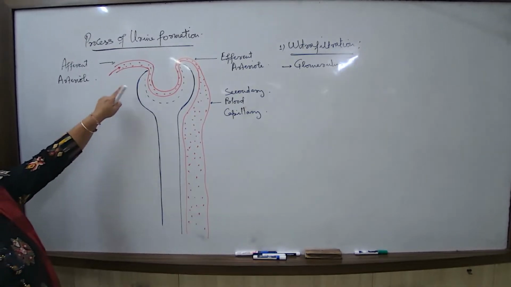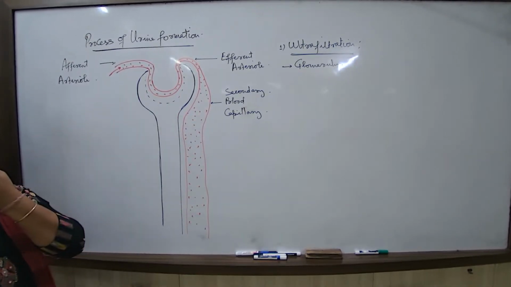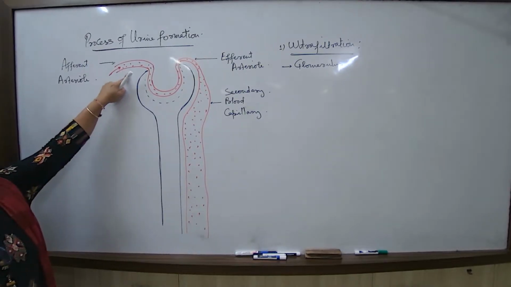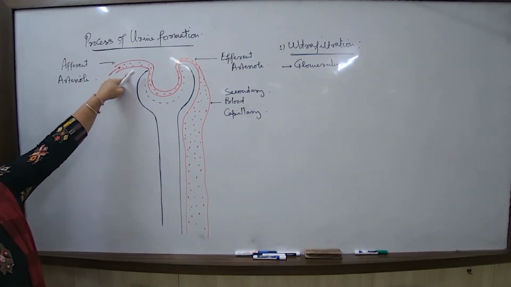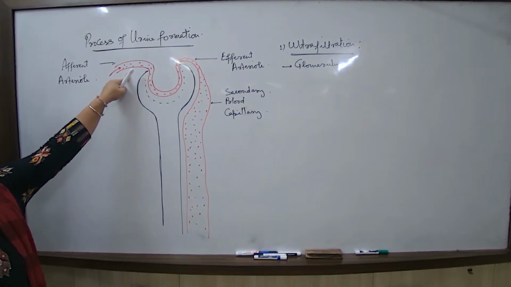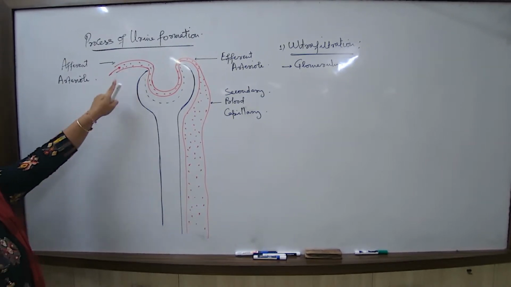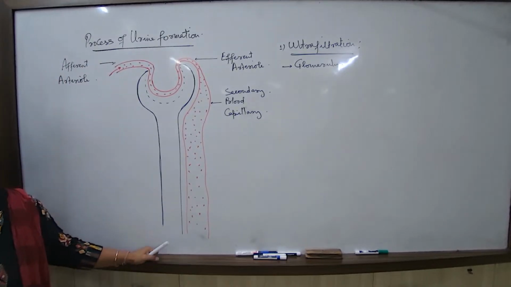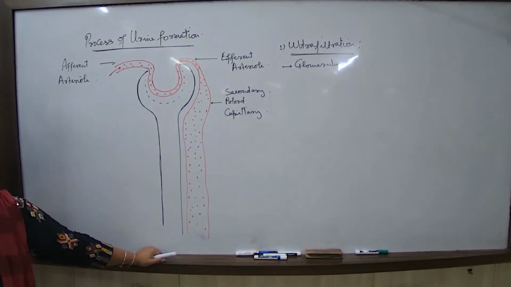Okay. Now let us try understanding what is ultrafiltration and why the high pressure. First of all, the blood is flowing towards the nephron, so definitely it is brought from an artery. So before the afferent arteriole, if I have to draw one more blood vessel, then which blood vessel am I supposed to draw?